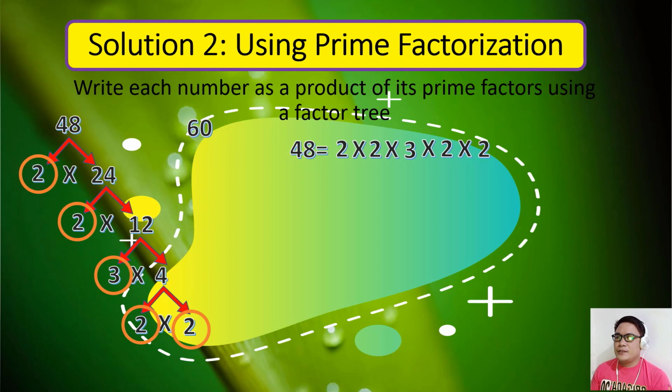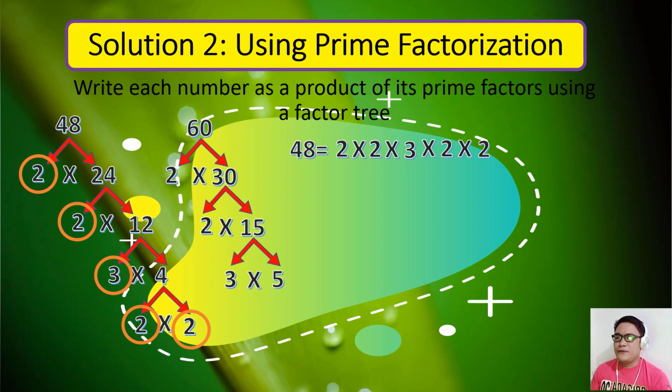Next, we have 60. Write the number as a product of its prime factors using a factor tree of 60. In 60, we have 2 times 30. 2 times 30 equals 60. Next, we have 30. 2 times 15. 2 times 15 equals 30. 15, we have 3 times 5.